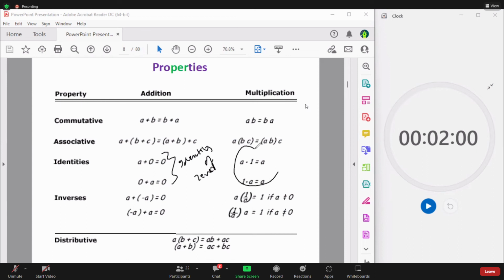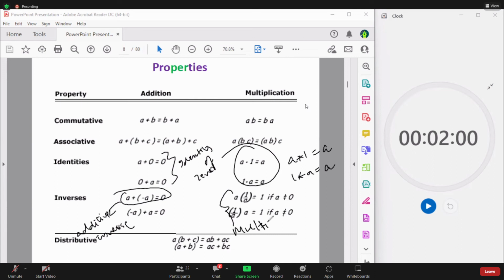This is the multiplicative identity of 1. A times 1 is always a, and 1 times any number is always the number itself. This is the additive inverse. And this is the multiplicative inverse property.